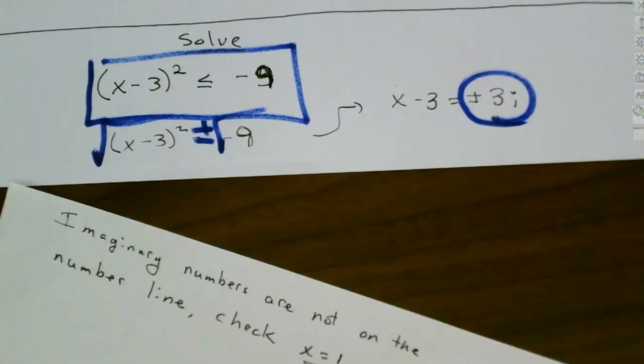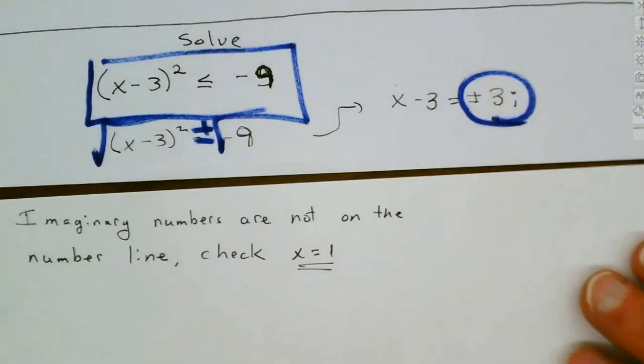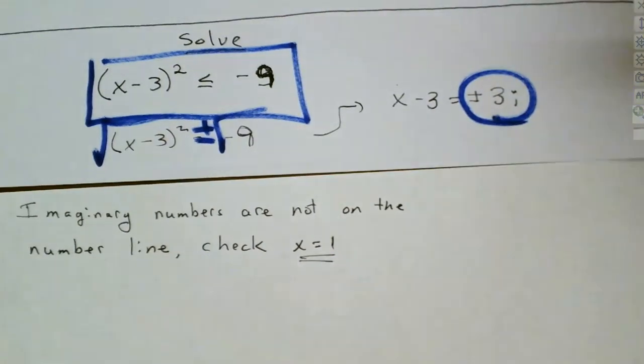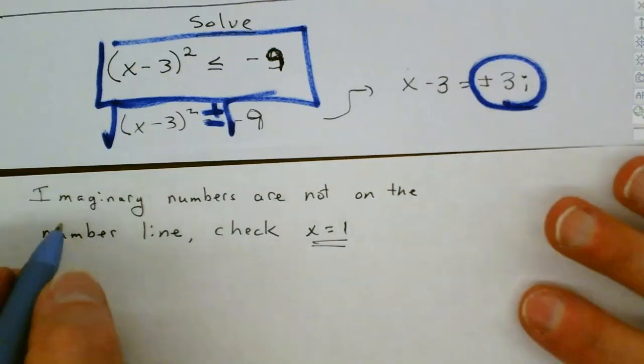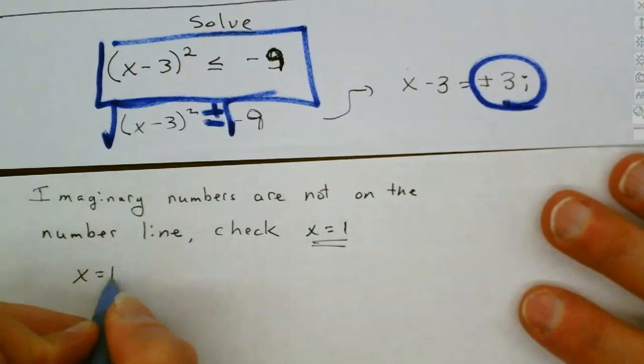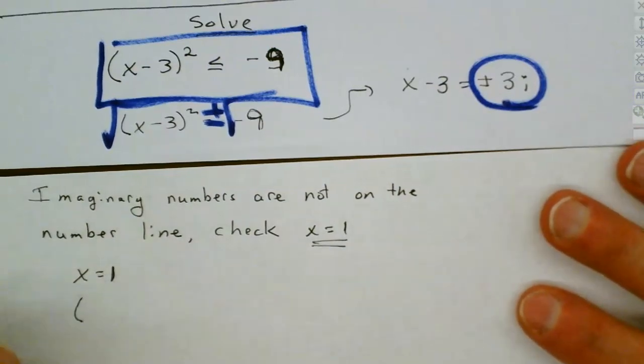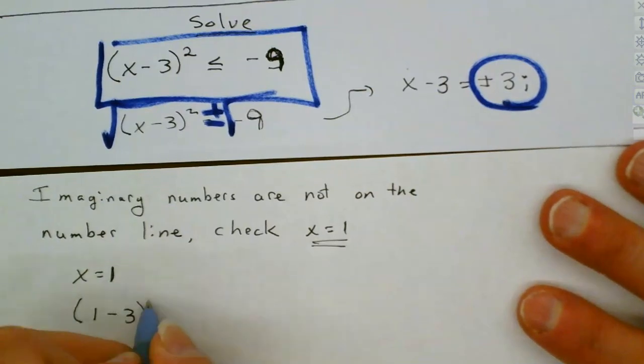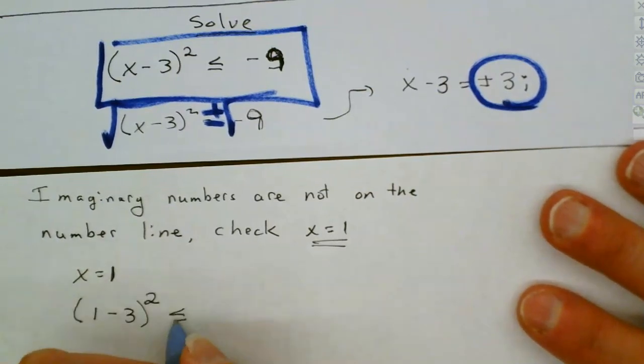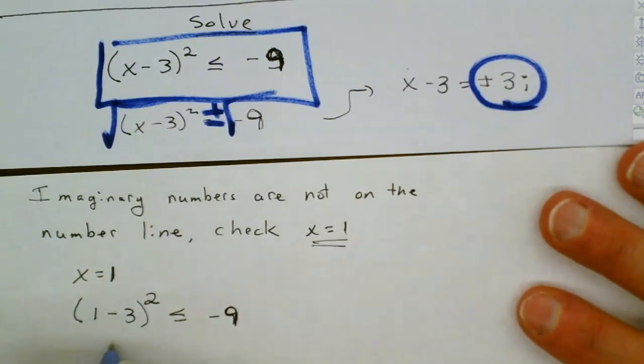And I'm going to make it easy. You could have picked 0. Okay, I picked 1. So let's see what happens when I pick 1. I'm going to use x equals 1. 1 minus 3, quantity squared, is less than or equal to that negative 9. 1 minus 3, well, that makes it a minus 2. But what happens when you square a negative number?